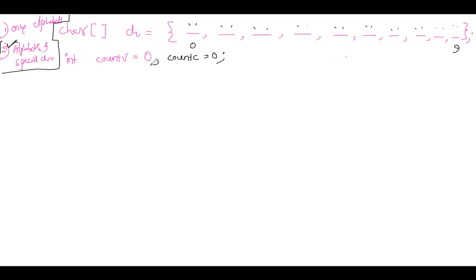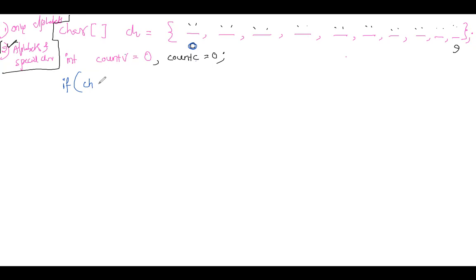Correct? Then to make sure that it is an alphabet, what is the condition? If I pick the 0th index position element, it should be an alphabet only. How do we make sure? By writing one if condition, if ch of i.